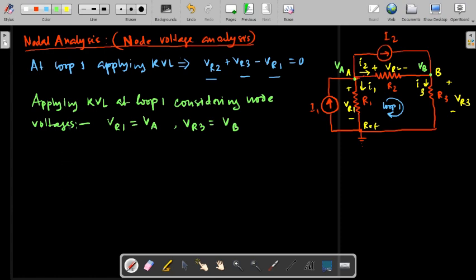Okay, now if we go for the KVL equation over here, applying KVL considering the node voltages only, then you see first from node A, if we traverse, this is a plus sign, so that is plus VR2.